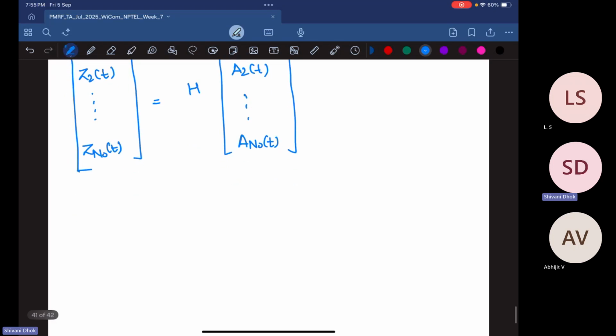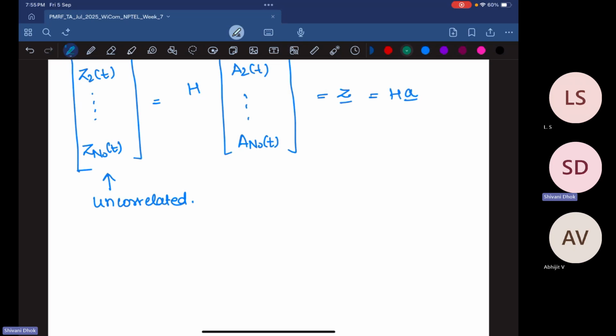Now we said that this vector is basically uncorrelated. So let me say that this is z equal to H into a.